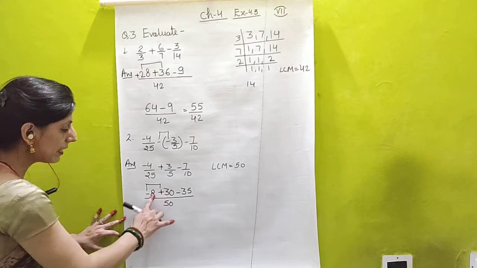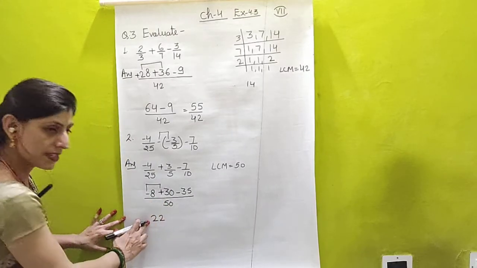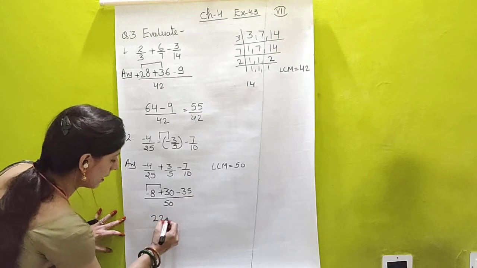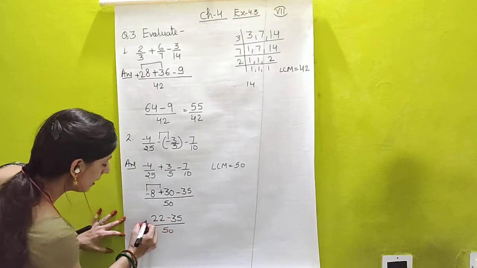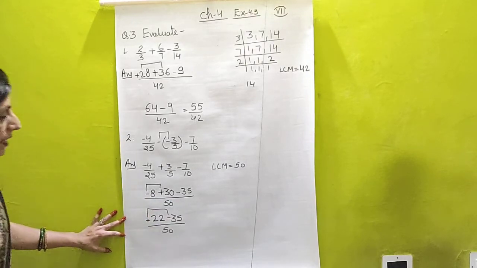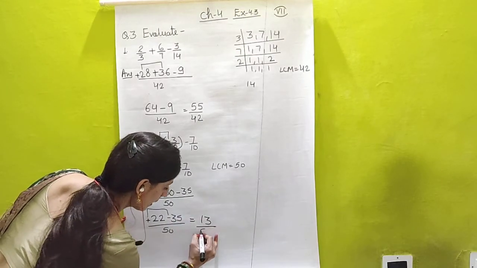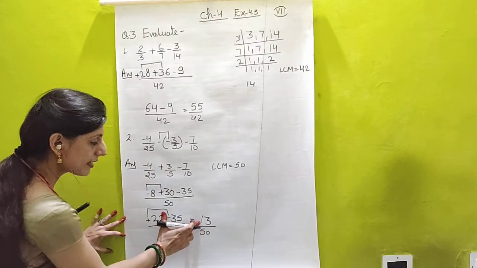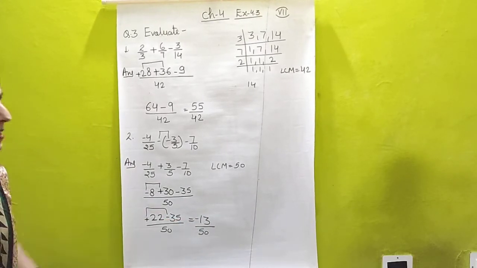Minus 30 minus 8, it will be 22 with positive sign because 30 is having a plus sign. Then minus 35, downside 50. Again plus and minus, it will be minus 35 minus 22, it will be 13, then downside 50, and the sign of 13 will be minus because 35 is having a minus sign.